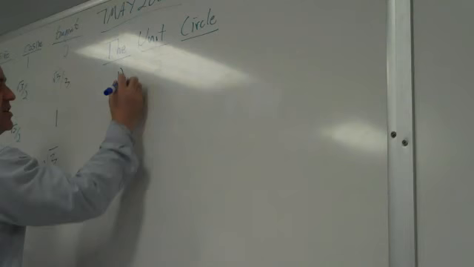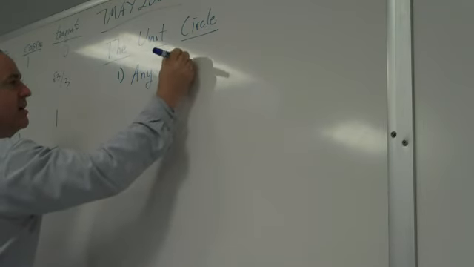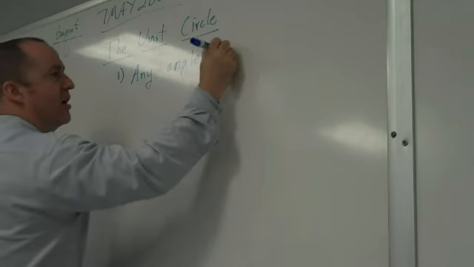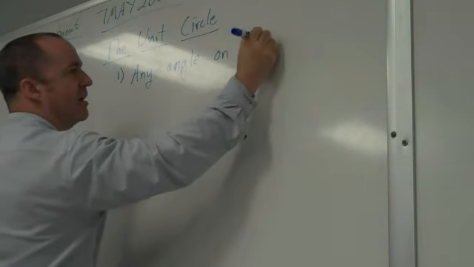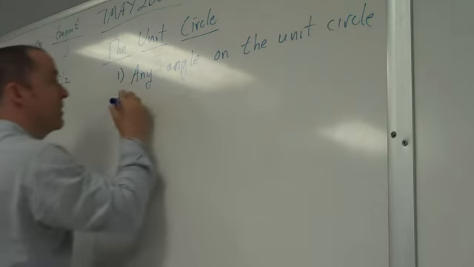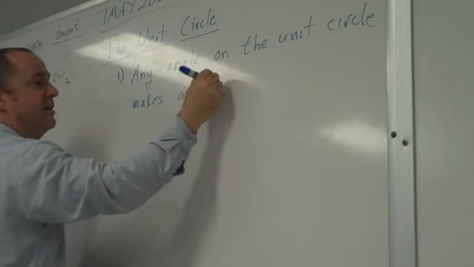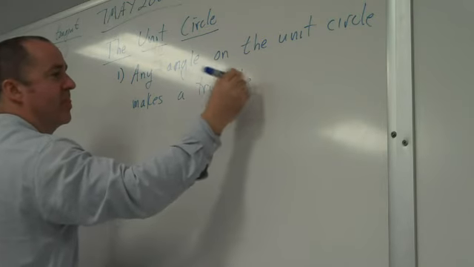We're going to talk about the unit circle, way beyond triangles. First idea I'm going to throw at you today: any angle on the unit circle makes a triangle.